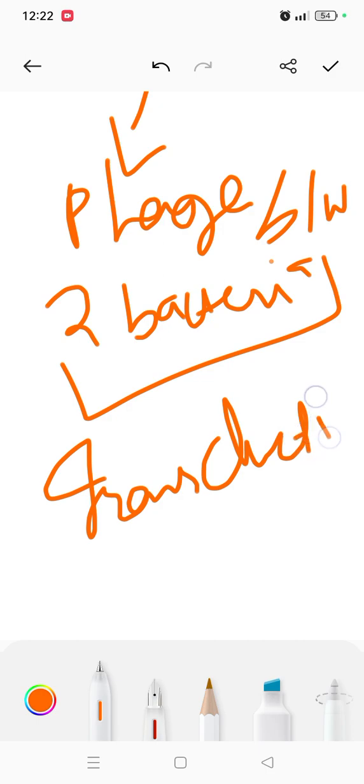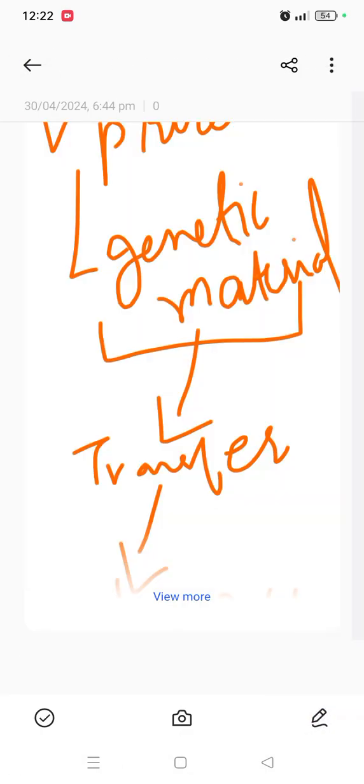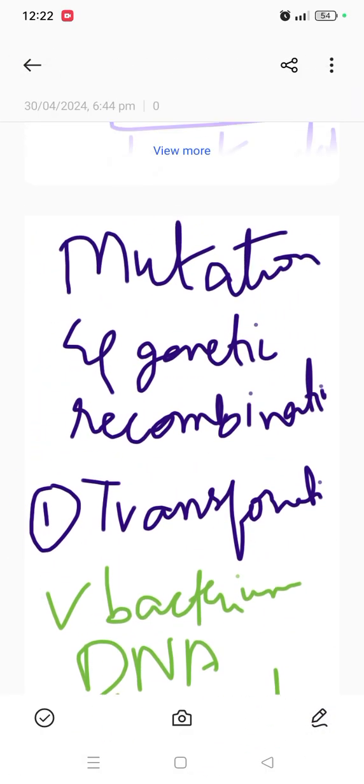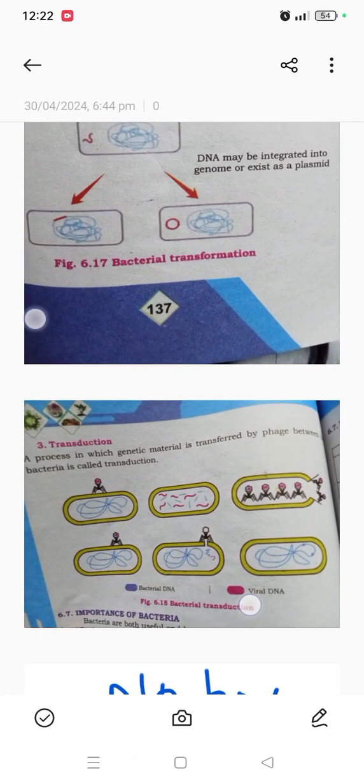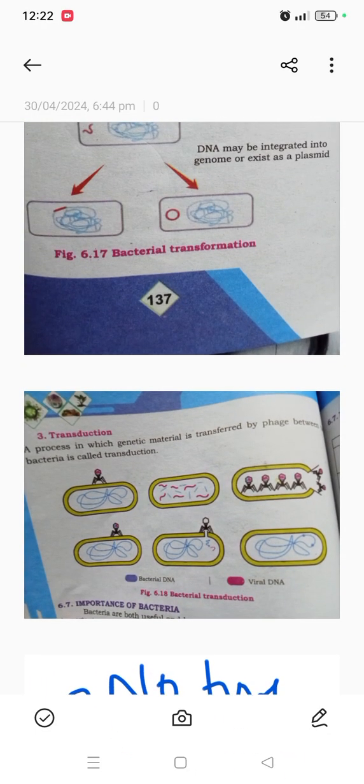For sure you can get this very easily in the picture, so I'm sharing it. You can see the picture where the genome is entered first. Here the pink structure is viral DNA, and blue is bacterial DNA.